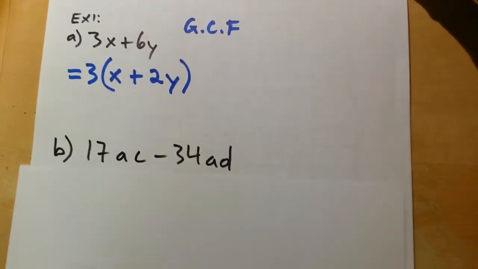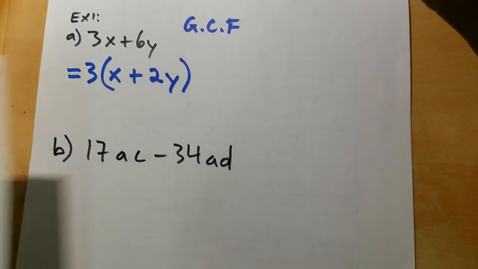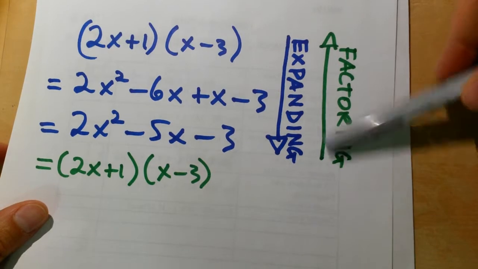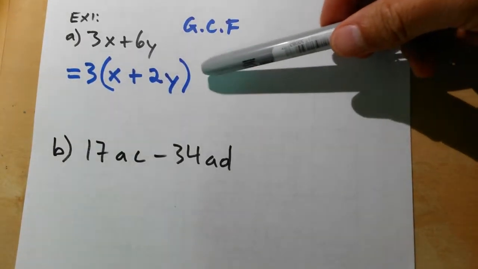Let's look at another example. Now remember, essentially what I just explained to you about factoring being the opposite of expanding. In this example, we have just factored this expression.